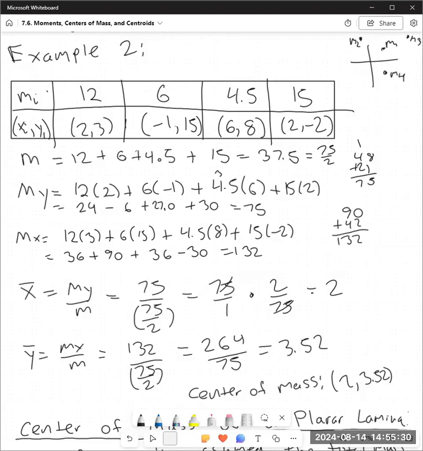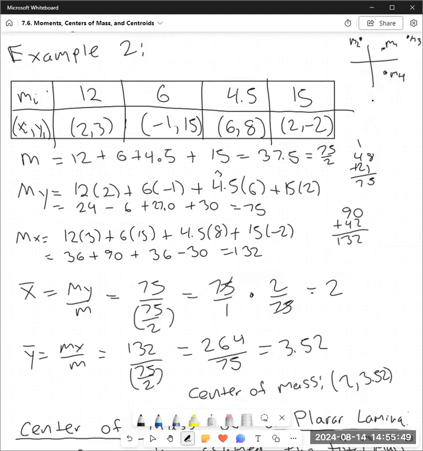And they're different masses, so they're going to be pulling more or less based off of how much mass they have. And I just want to see, if I wanted to put all those masses together as a single mass, where would that center of mass be?